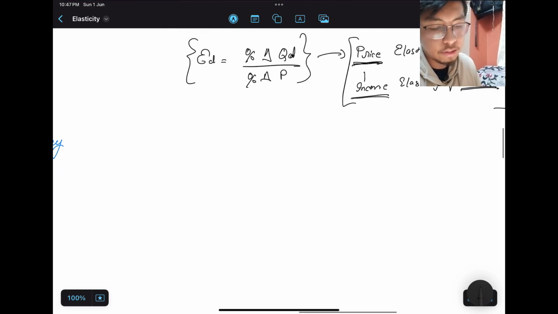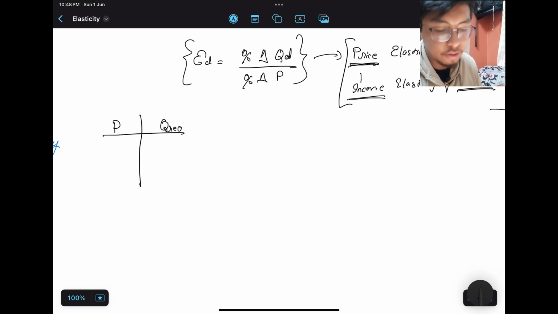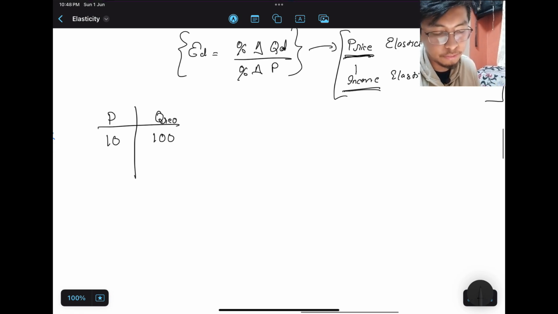Let's say we'll take prices and we'll take Oreos. When the price of Oreo is 10, people were buying 100 of these Oreo biscuits.